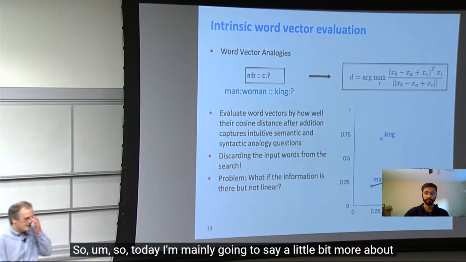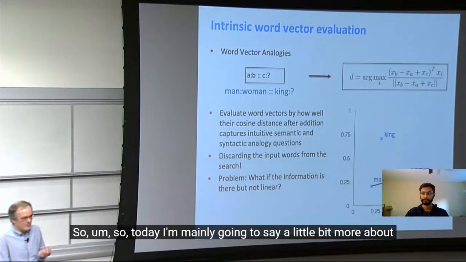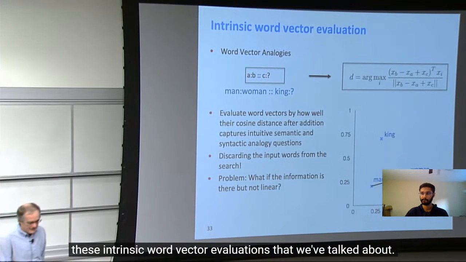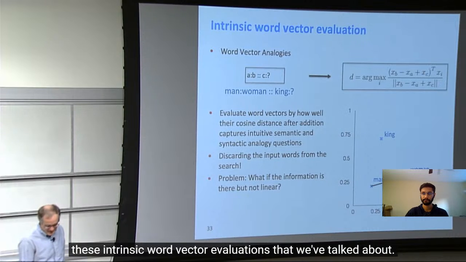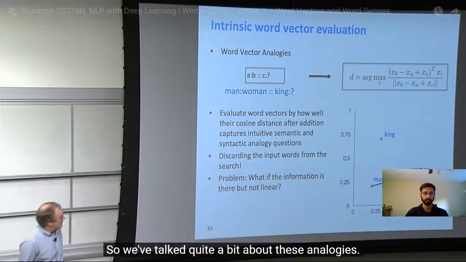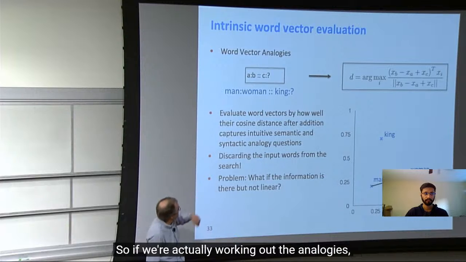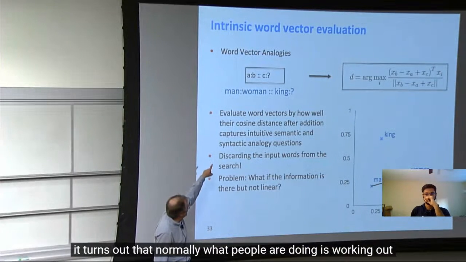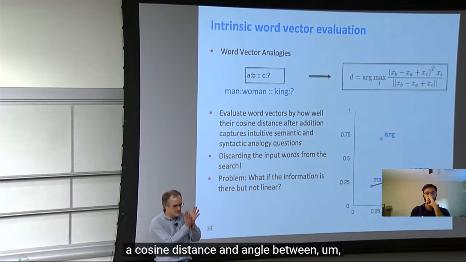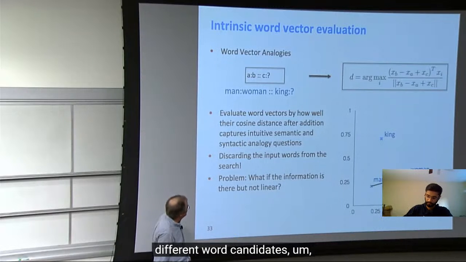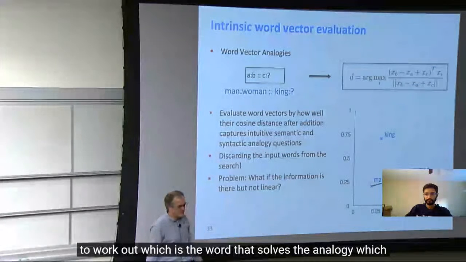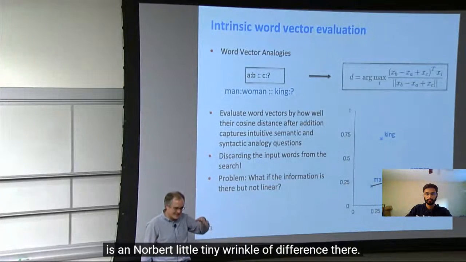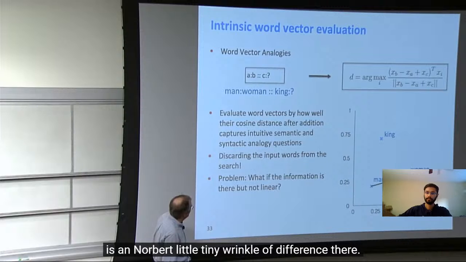Okay, so today I'm mainly going to say a little bit more about these intrinsic word vector evaluations that we've talked about. So we've talked quite a bit about these analogies. If we're actually working out the analogies, it turns out that normally what people are doing is working out a cosine distance, an angle between different word candidates, to work out which is the word that solves the analogy, which is another little tiny wrinkle of difference there.